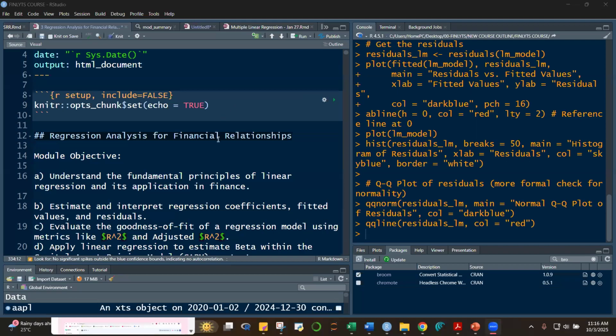Good morning, everyone. Today we're going to continue our discussion on the lesson on multiple linear regression in the context of financial data. This discussion is quite different from your FinArts course. This is still all about multiple linear regression, but we will not really dive deep.